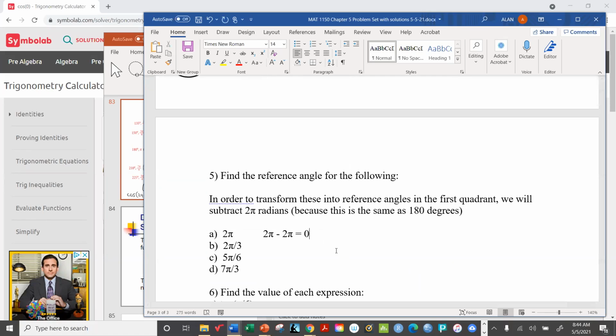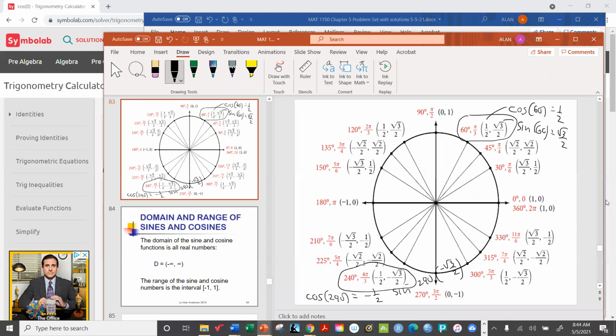If you want to look at the unit circle for a second, that means these are reference angles of each other. Remember, you have to think of it as essentially a reflection on the other side. Remember 60 and 240 were reference angles. So you can see 0 and 180 are reference angles. And you can see again that the signs are the opposite, but these are the same numbers.